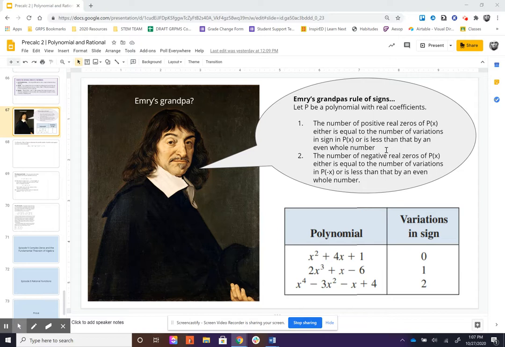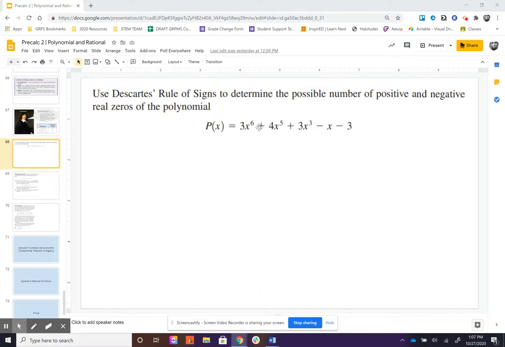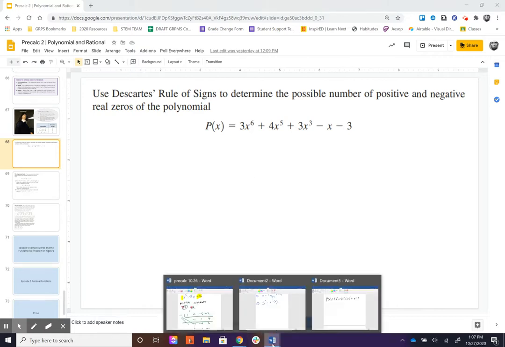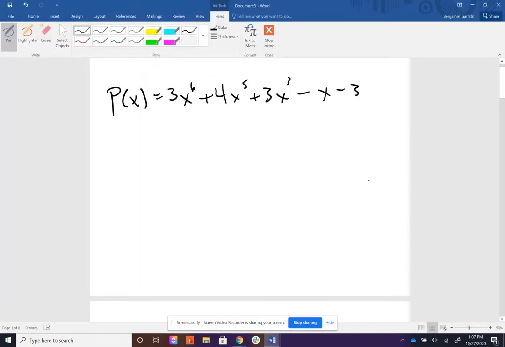And the number of negative real zeros of p of x is either equal to the number of variations in p of negative x, or less than that by an even whole number. We're going to take a look at this example to determine the possible number of positive and negative real zeros of the polynomial. So let's jump over and take a look at this.